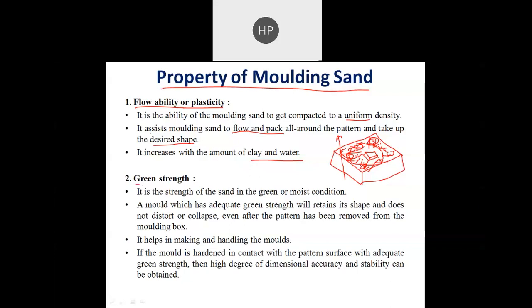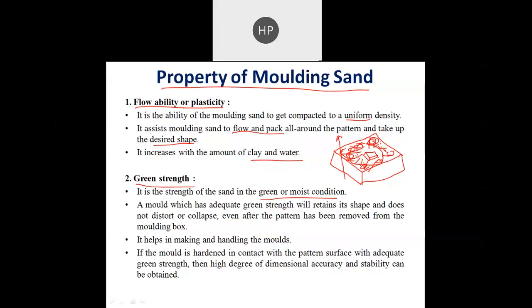Second is the green strength. It is the strength of the sand in the green or moist condition. A mold which has adequate green strength will retain its shape and does not distort or collapse even after the pattern has been removed from the mold box.